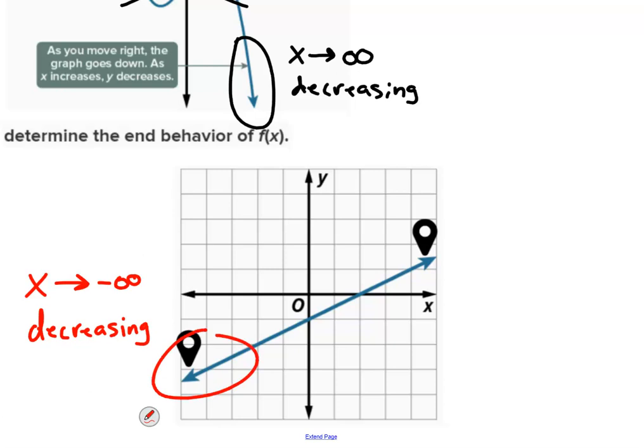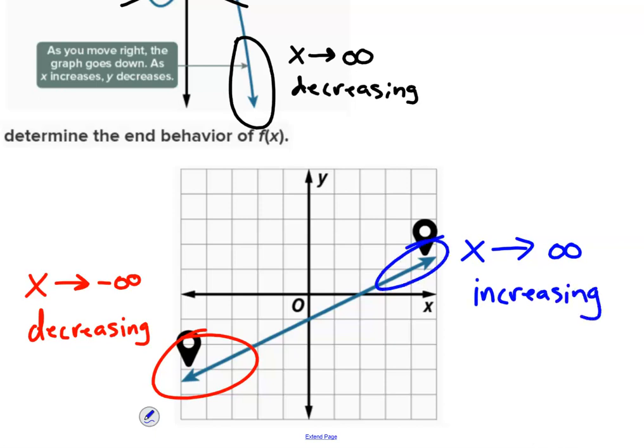Okay, and we're talking about that right there. And then on the other side, we would say as x is going to infinity, we are increasing. Okay, we're just talking about where it's going to be going from there. Okay, and obviously arrowheads mean that they're going to be going in that same direction forever.